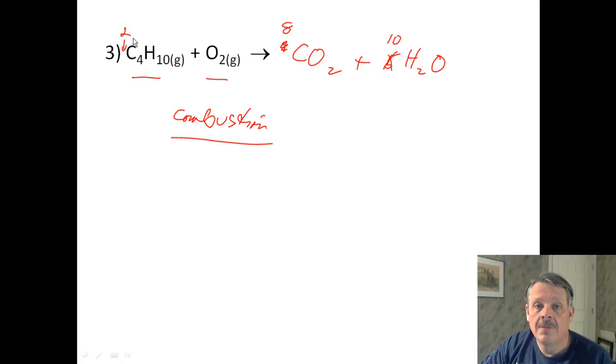So that we have 8 of those. So we have 20 hydrogens, and that's correct. And we need to have 16 plus 10 is 26 oxygens, so that's 13 O2s. So carbon dioxide is a gas, and water is going to be a gas because it's hot, so it's steam. So that's our final formula.